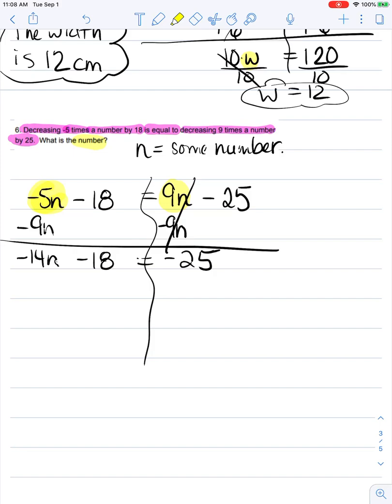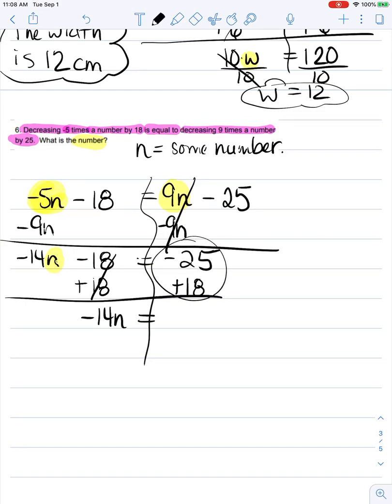And now I just need to isolate the variable by doing inverse or opposites. So I'm going to add 18 to both sides. And that becomes -14n equals. And so my signs are different. So I'm going to subtract. And I end up with -7. So now I'm going to divide both sides by -14.